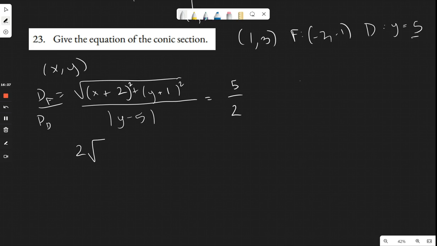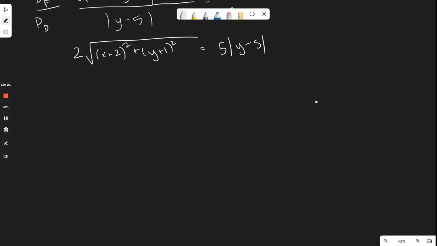And so we're going to cross multiply and just algebra this out. So we get 2 times the square root of x plus 2 squared plus y plus 1 squared equals 5 times the absolute value of y minus 5. Now that we've cross multiplied, we want to get rid of that radical by squaring all of this.